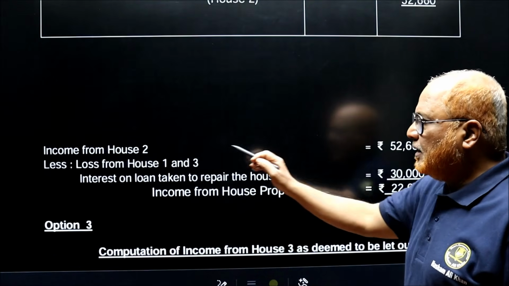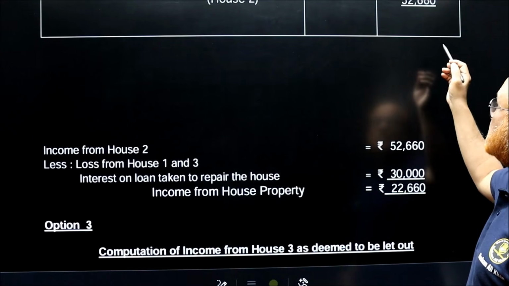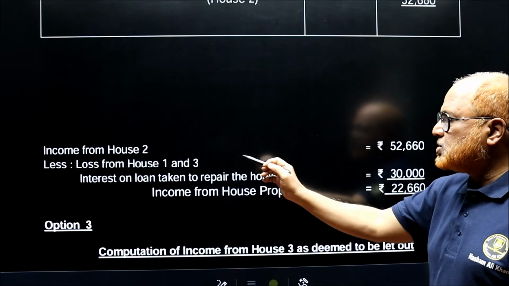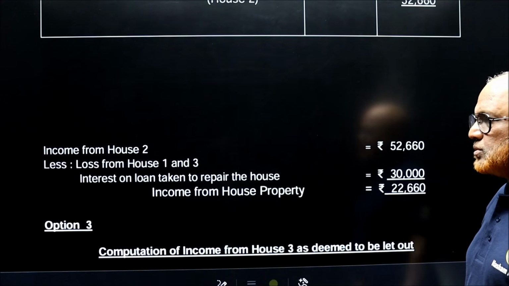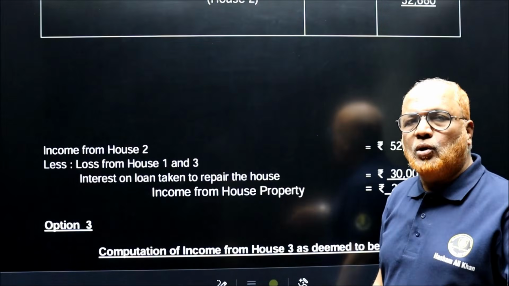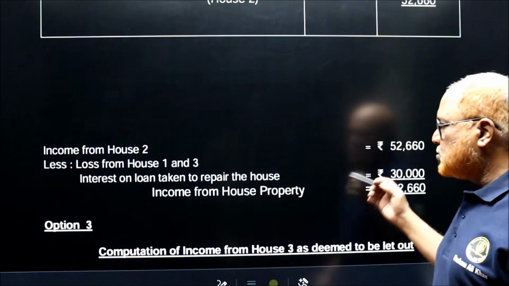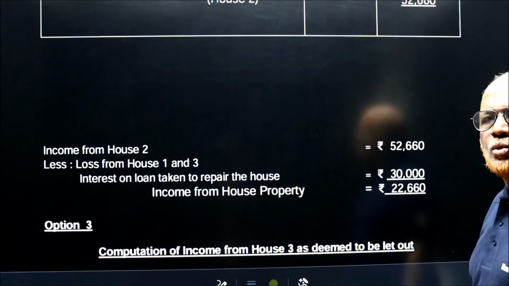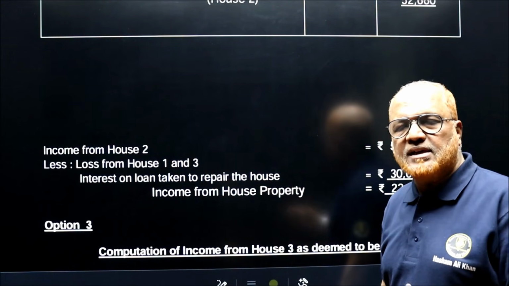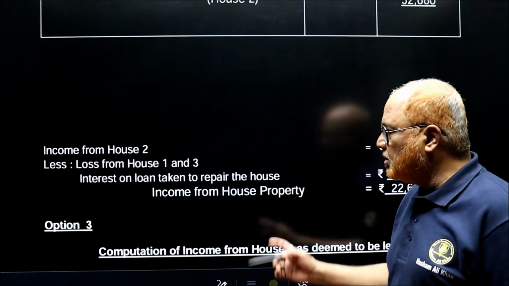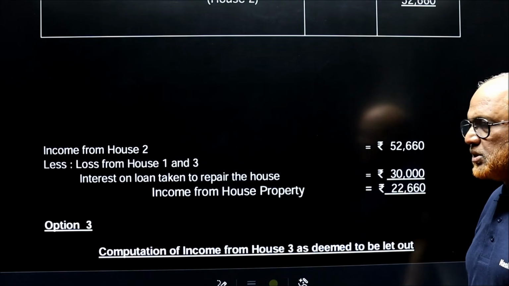Now, income from second house 52,600. Just now we got loss from first house and third house, that is interest paid on loan taken to repair the house, again 30,000. So income from house property is 22,660. If the SSC choose the second option, the income from house property 22,660.